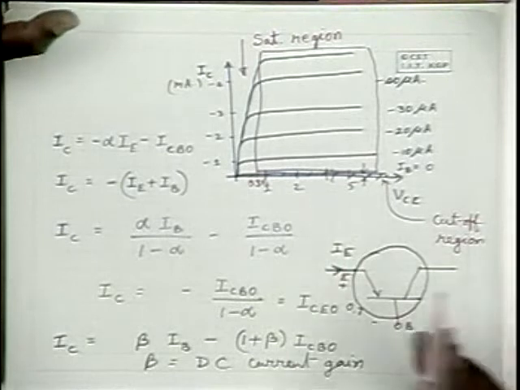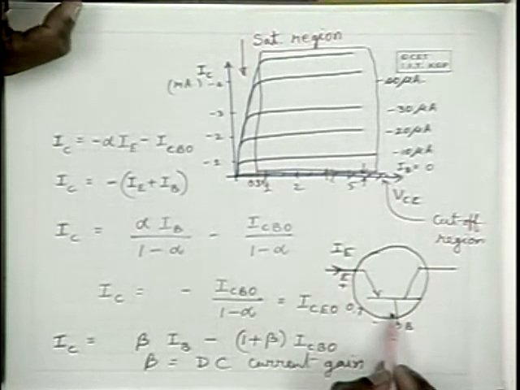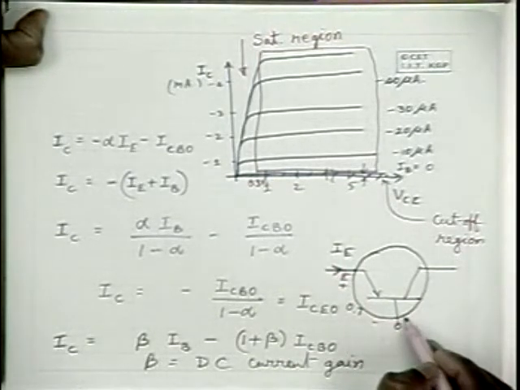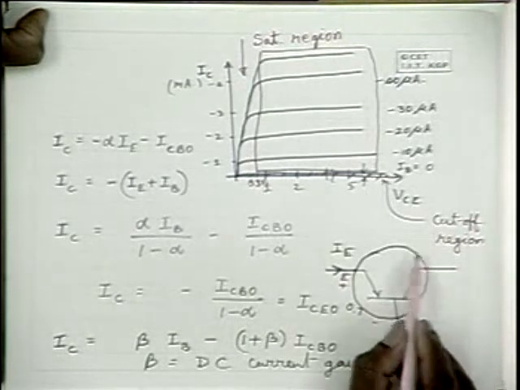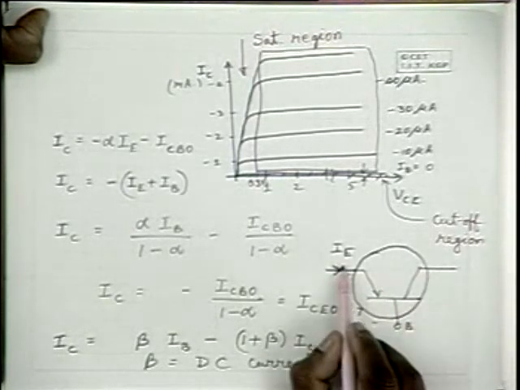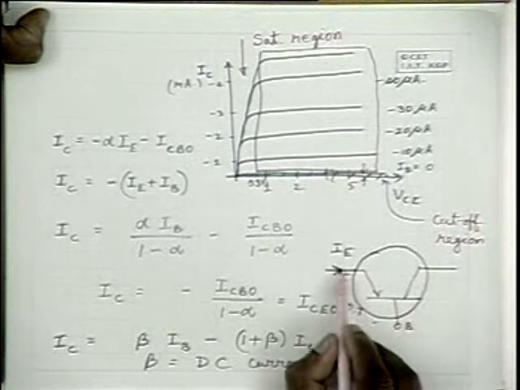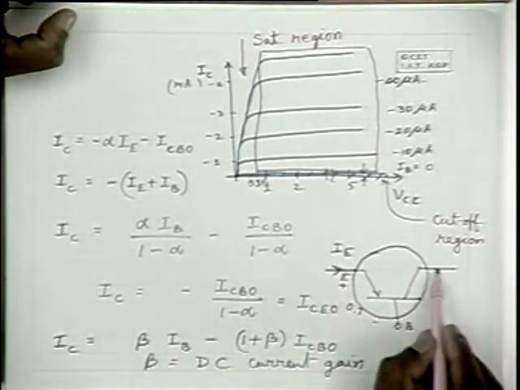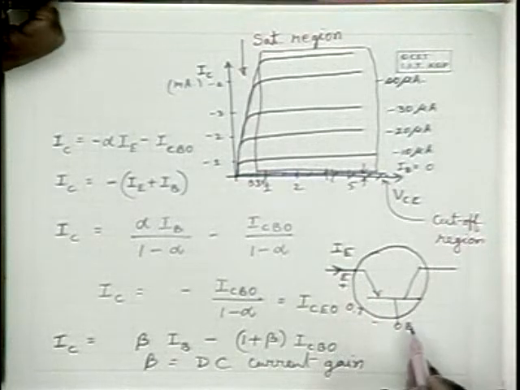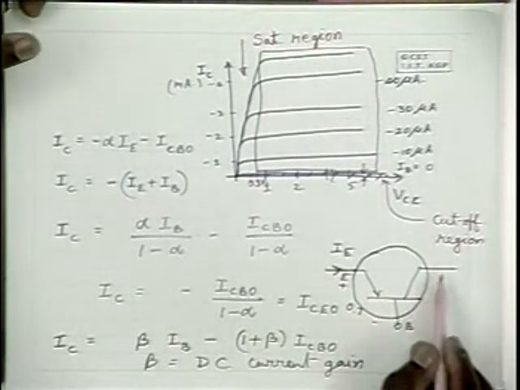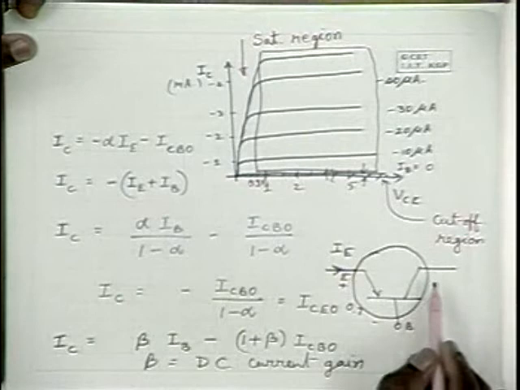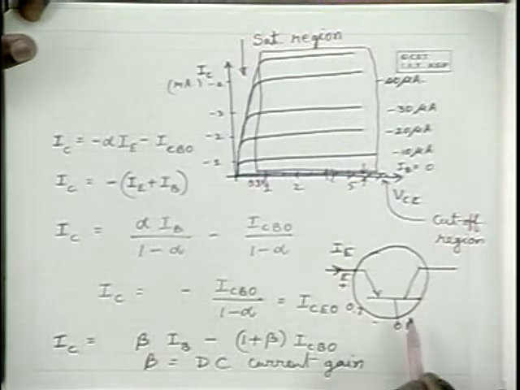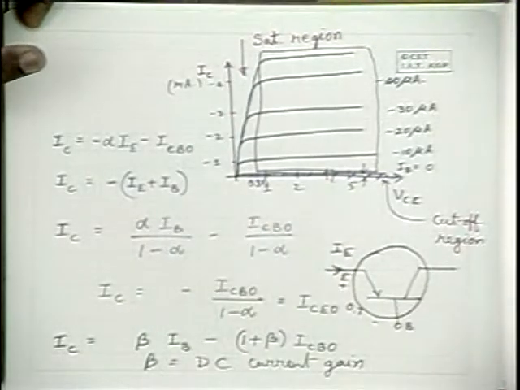For proper operation, we want this junction to be forward biased and this junction to be reverse biased. When you reduce the collector to emitter potential below about 0.7 volts, this junction becomes forward biased. When both are forward biased, it is the saturation region.